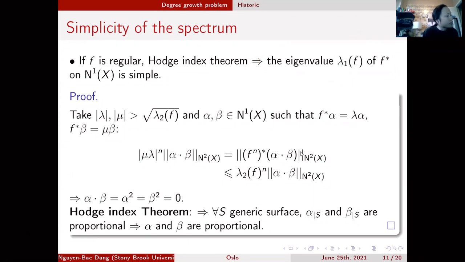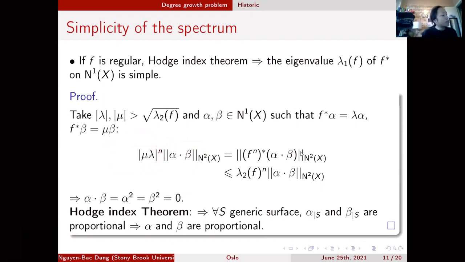So the proof goes as follows. You assume you have two eigenvalues, lambda and mu, bigger than square root of lambda 2 of F, and you take alpha and beta, two eigenvectors for those two eigenvalues. What you're going to do is multiply them. You have two possibilities for the product alpha times beta. You can pull it back, and if you pull back the product, you get mu times lambda that appears.